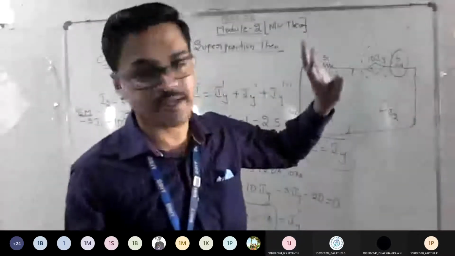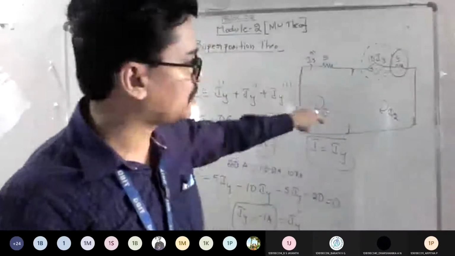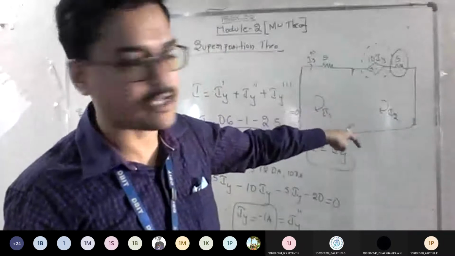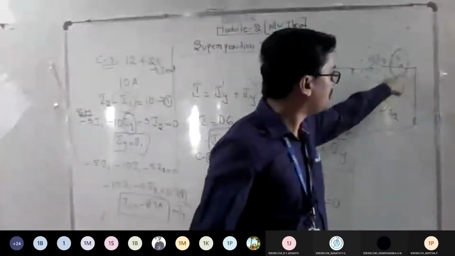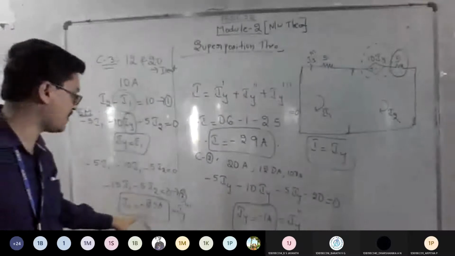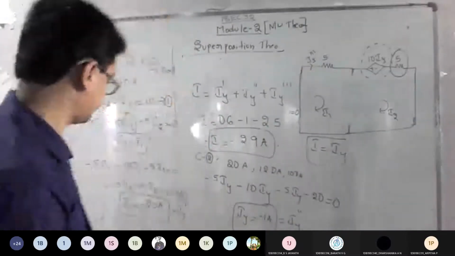See, if you go with case 1, case 2, the same I only will flow. That is not a problem other than series, right? So if you go with respect to the last case, when I consider the current and the super mesh concept, across this 5 ohm, I2 is flowing. At the earlier you told I1 is minus 2.5 and you told I2 is equal to how much here?